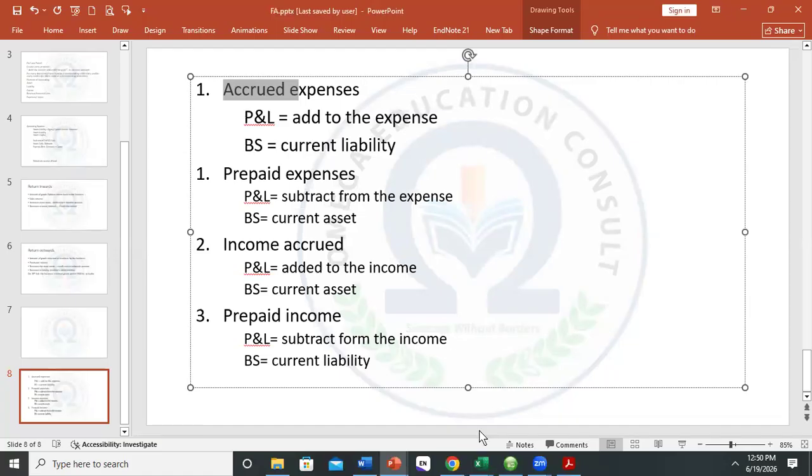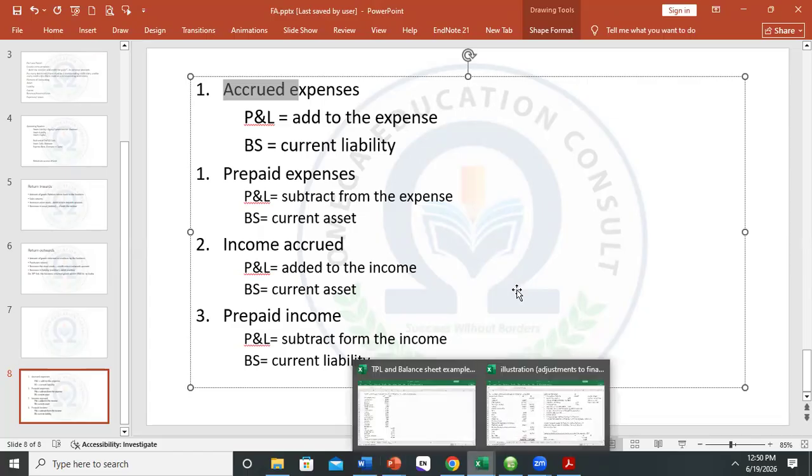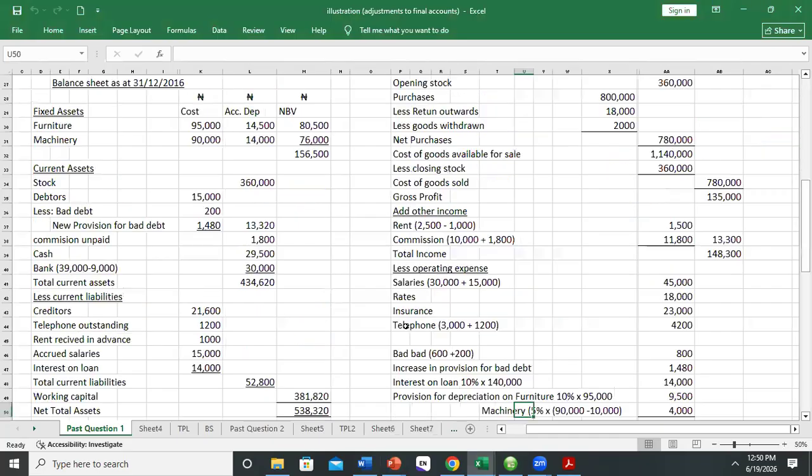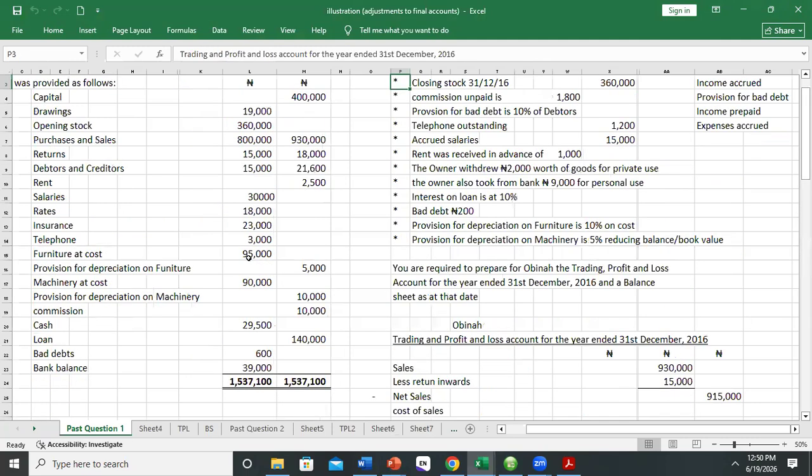Let's go and see how it was done. So in the profit and loss account, under your expenses, you have telephone. You see it. So what are we doing? We are adding the 1,002 arrears or outstanding to the 3,000. Let me go and show you. So you see that in the trial balance, we paid 3,000.